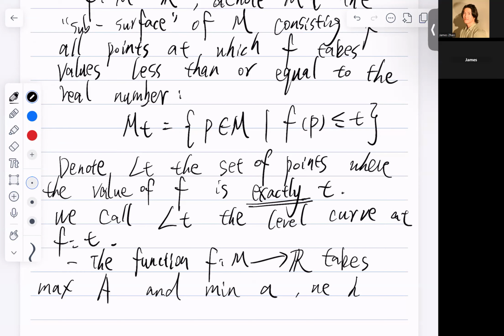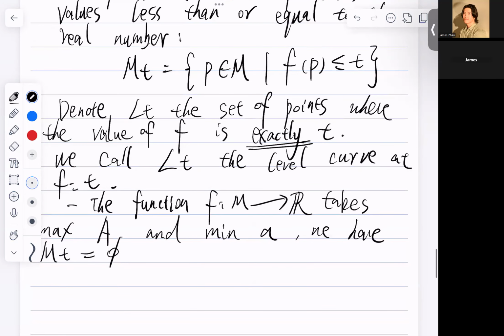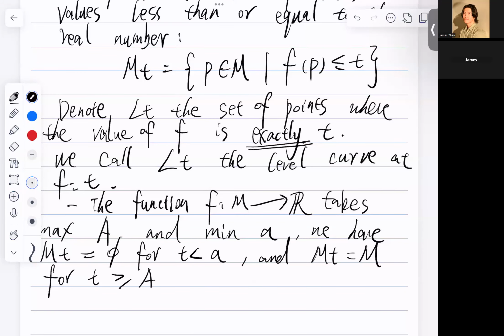And we have our Mt equal to the empty set for t smaller than a, and Mt equal to M for t greater or equal to big A.